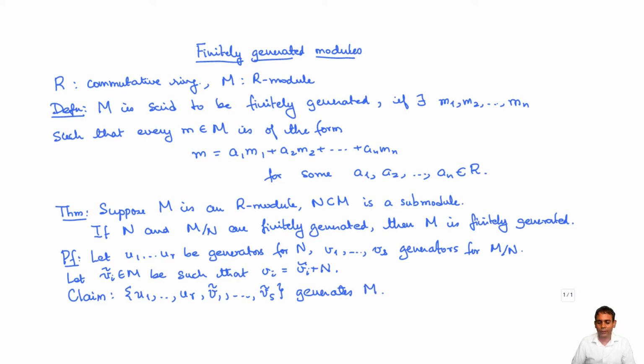So what do I need to show? I need to show that given any element m of M, I can write it as a combination of these things multiplied by scalars, so a linear combination of these elements.